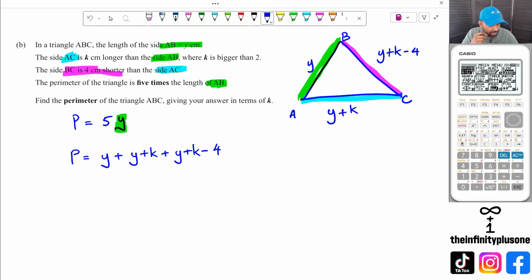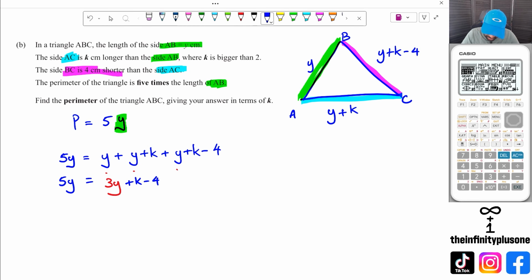That means we've got to figure out a way to get rid of the y. What we could do here is we know that the perimeter is equal to 5y. So I'm going to rewrite this as 5y as the perimeter. Now 5y is equal to, I've got 1, 2, 3, so that's going to be 3y plus 2k minus 4.